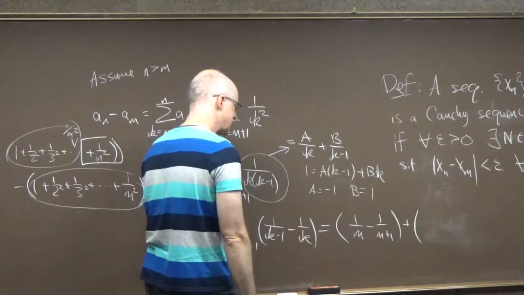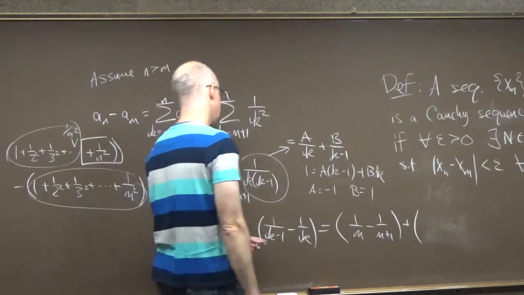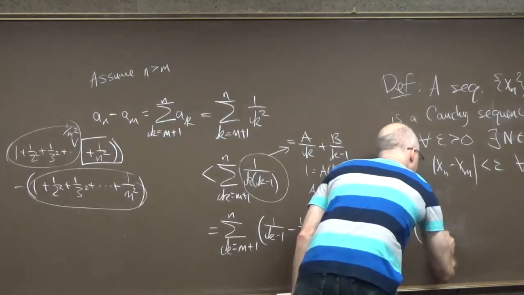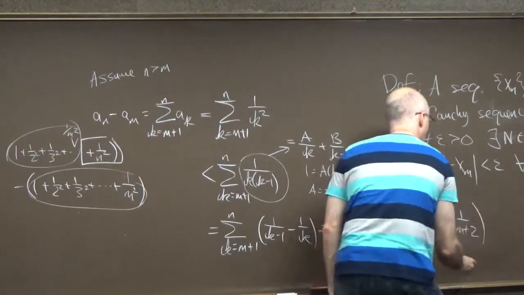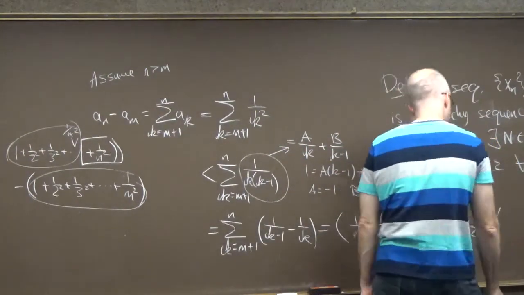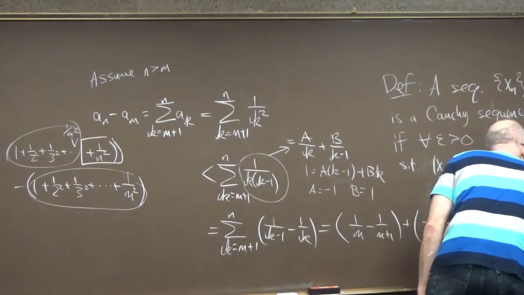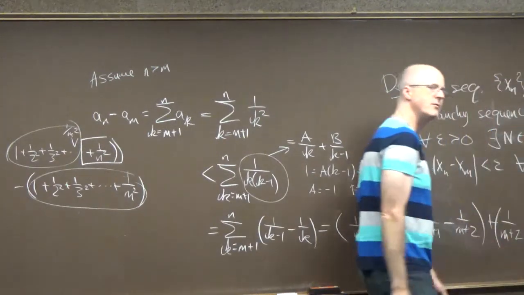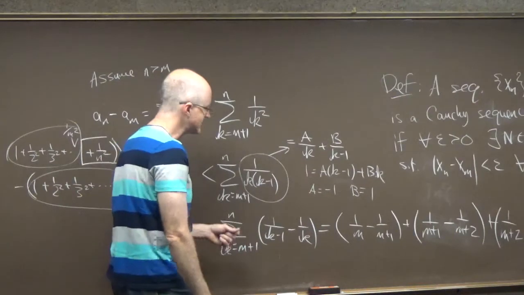When k is m plus 2, the next value, this becomes 1 over m plus 1 minus 1 over m plus 2. When k is m plus 3, I get 1 over m plus 2 minus 1 over m plus 3, etc. It's not really a proof, since you shouldn't use dot, dot, dots in proofs, but we'll be okay with it here.